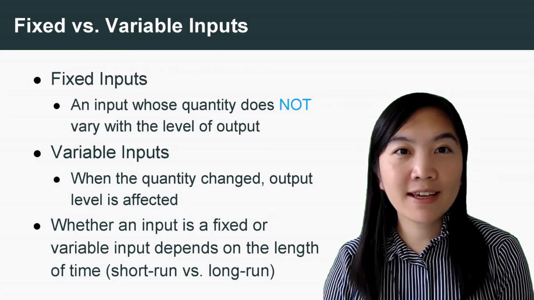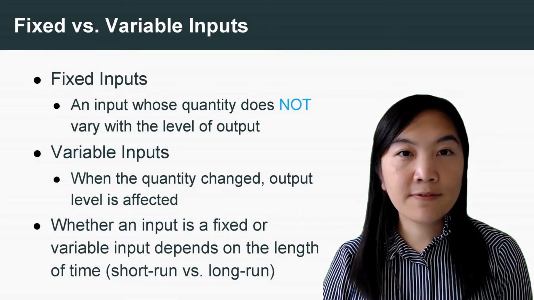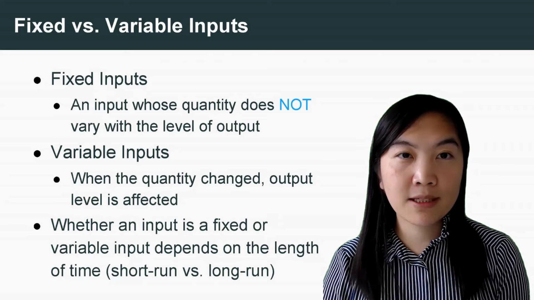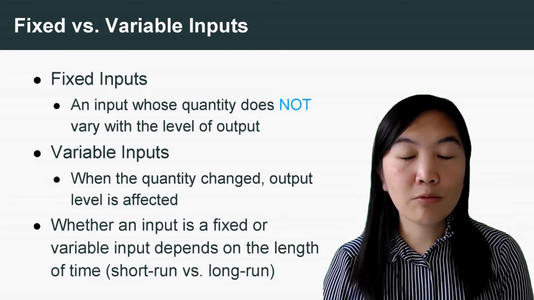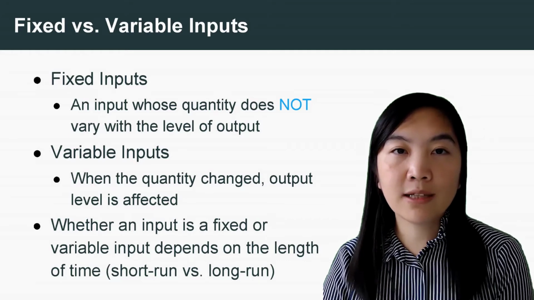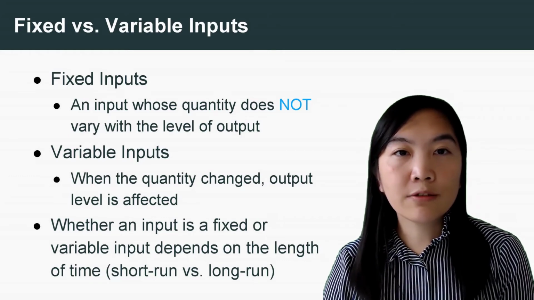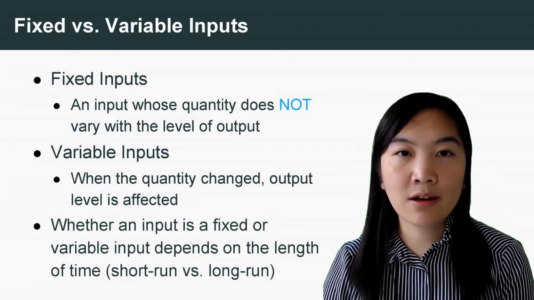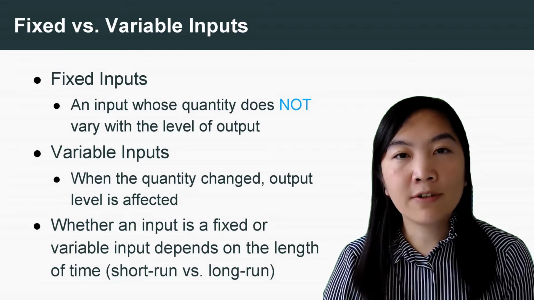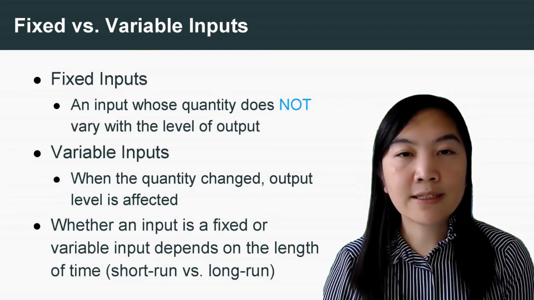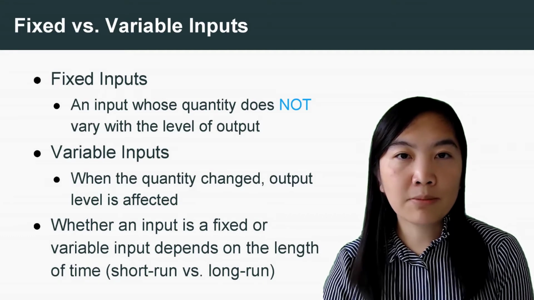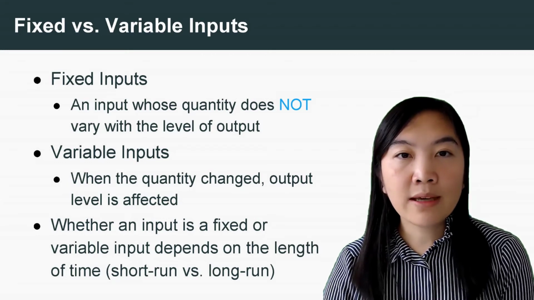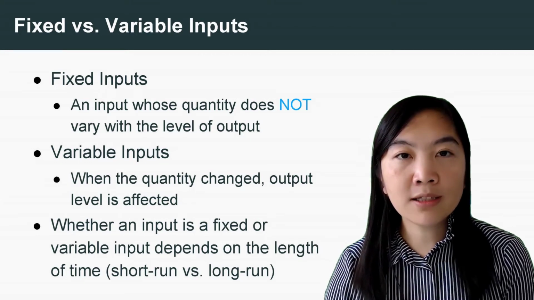Okay, before I can give you specific algebraic functions to represent production relationships, we first need to define what fixed inputs and what variable inputs are. So fixed inputs are those inputs whose quantity does not vary with the level of output. So for example, in the nitrogen production example, we assume that we had experiments on 7 plots.